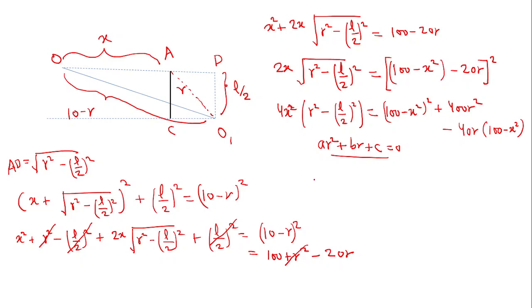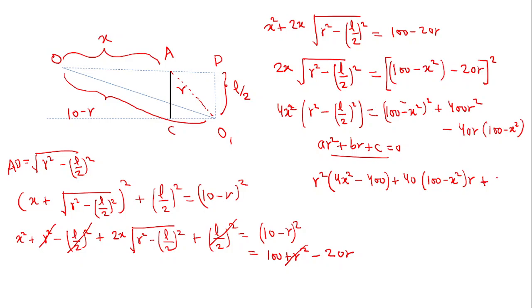So we get R square times 4X square minus 400 as the coefficient, plus the coefficient of R, which will become 40 times 100 minus X square, times R, plus all the other terms like L by 2 square X square, which don't matter to us.